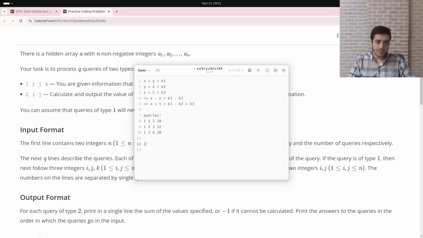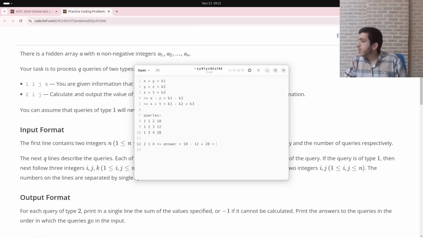Then if it asks us 1 and 4, we can't say I don't know, because the answer is 10 minus 12 plus 20, which, yeah, we can find the answer.